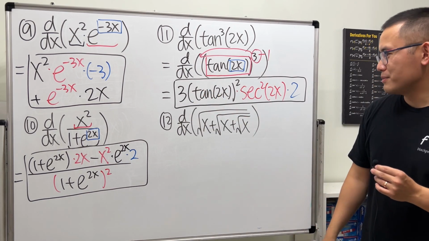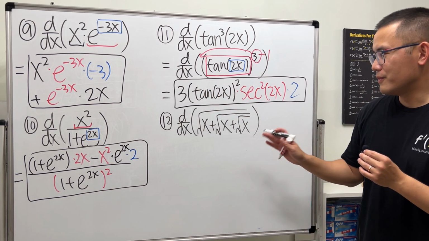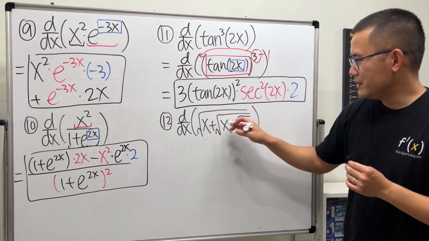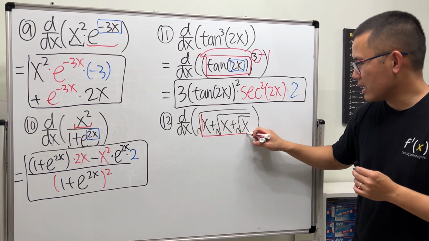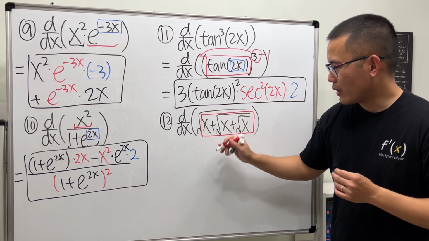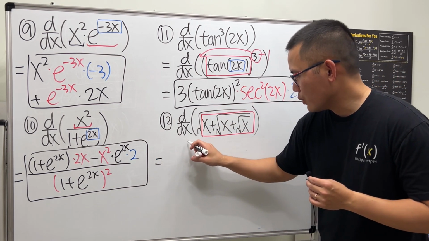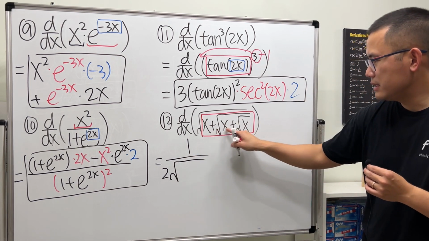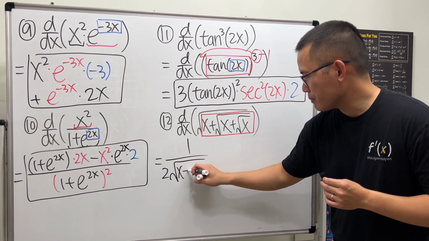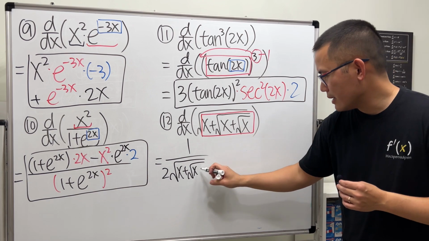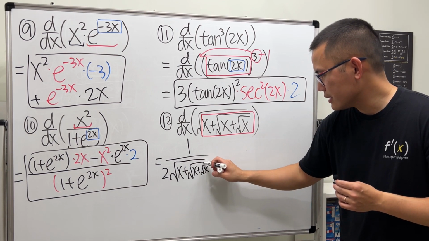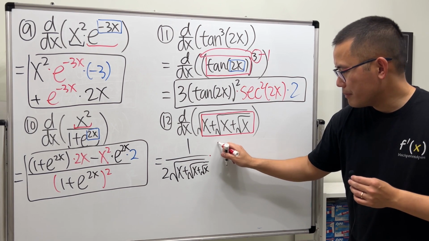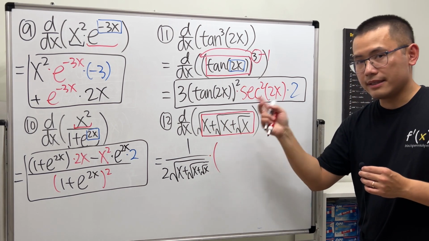Now, number 12 is perhaps the funnest one on this worksheet. So first, you have a square root of this thing, so square root of a box. So right away, I'm just going to write it as 1 over 2 square root of this thing right here, x plus square root of x, and then plus 1 more square root of x. Now, I'm going to multiply, but it has this and that, so 2 terms.